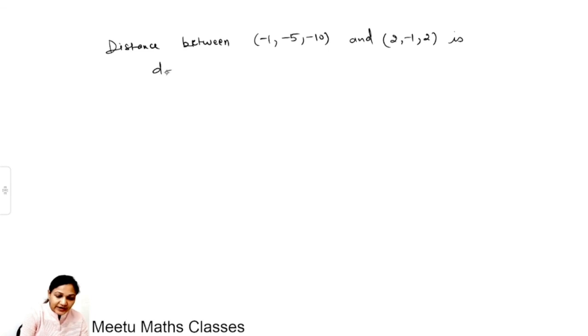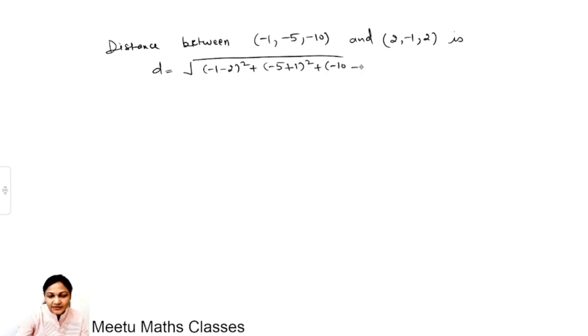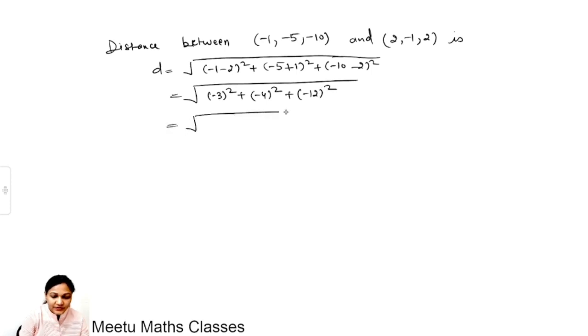The required distance will be the square root of (-1 minus 2) whole square, (-5 minus -1) whole square, (-10 minus 2) whole square, and this will be (-3) whole square, (-4) whole square, (-12) whole square, and this will be 9 plus 16 plus 144, and this will give you 169, and the square root of 169 is 13.